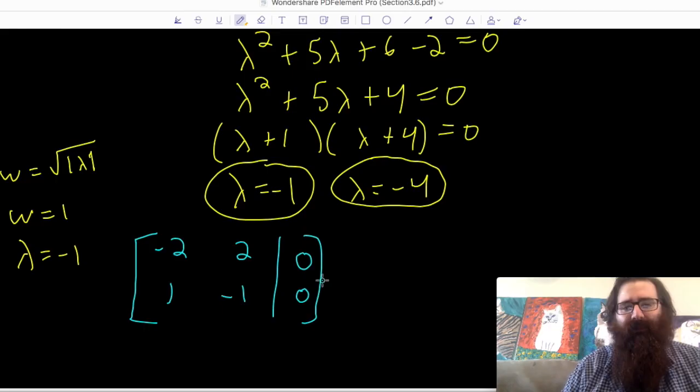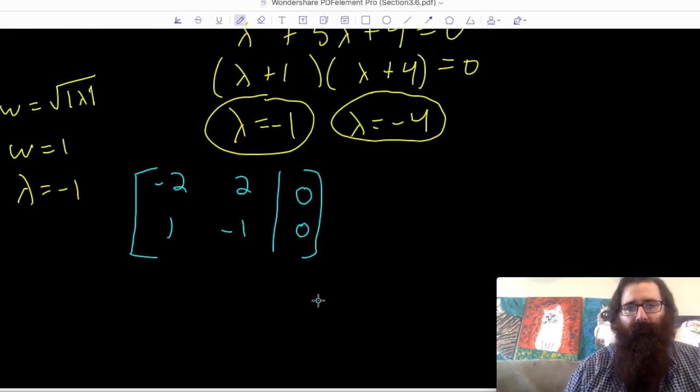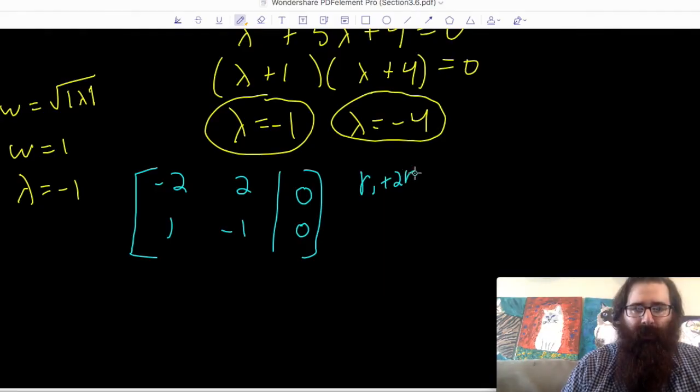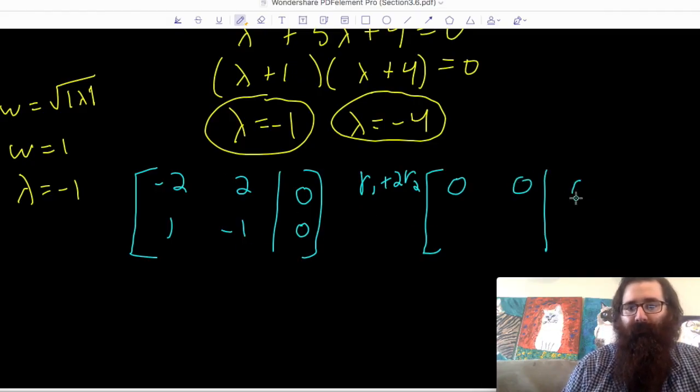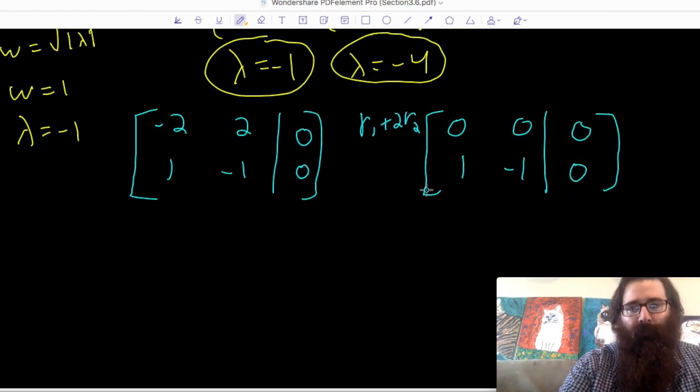So hopefully we can start to see, well, these rows are dependent, so I can eliminate whatever row I'd like. That doesn't really matter. I can get rid of row 1, for example, replace row 1 with row 1 plus 2 times row 2, an elementary row operation. Negative 2 plus 2 is 0, 2 plus negative 2 is 0, 0 plus 2 times 0 keeps 0 in the augmented entry. We're left with this row, 1, negative 1 augmented with 0.